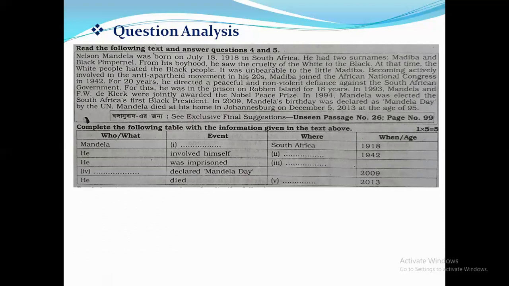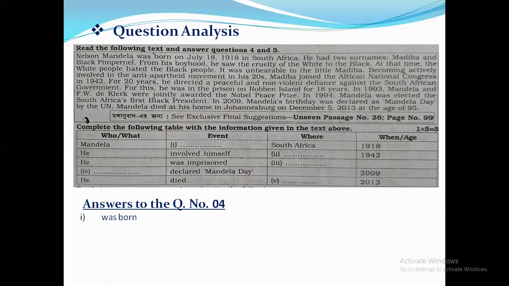Okay, so number one, you can see it is under the keyword event. That means there we have to write the event. Mandela, South Africa, 1918. So the answer to question number 4 will be was born. Mandela was born.